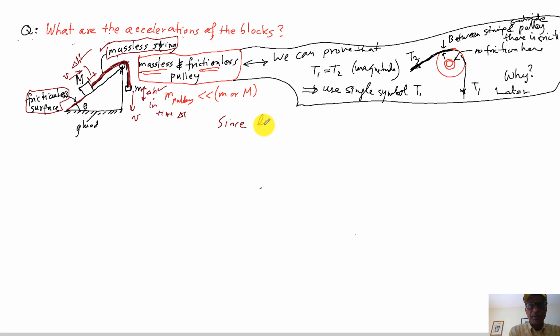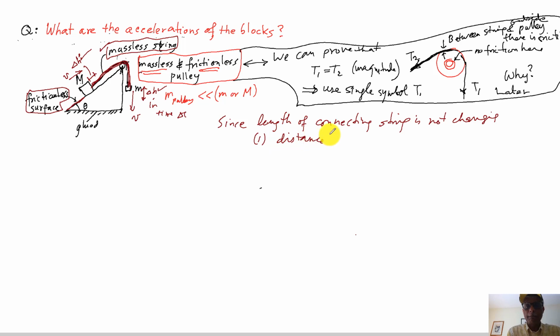Since the length of the connecting string is not changing, the distance moved by m in time delta t equals the distance moved by big M in the same amount of time.